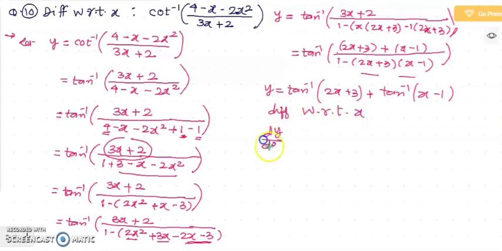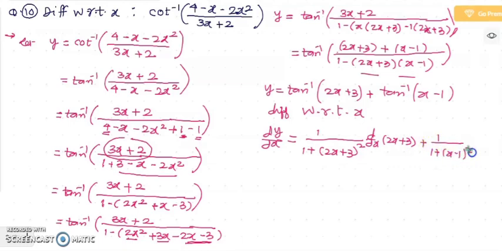Now differentiating with respect to x, we get dy by dx is equal to d by dx of tan inverse of 2x plus 3 plus d by dx of tan inverse of x minus 1. d by dx of tan inverse of 2x plus 3 is 1 upon 1 plus 2x plus 3 square into d by dx of 2x plus 3, plus similar differentiation of this term, 1 upon 1 plus x minus 1 square into d by dx of x minus 1.